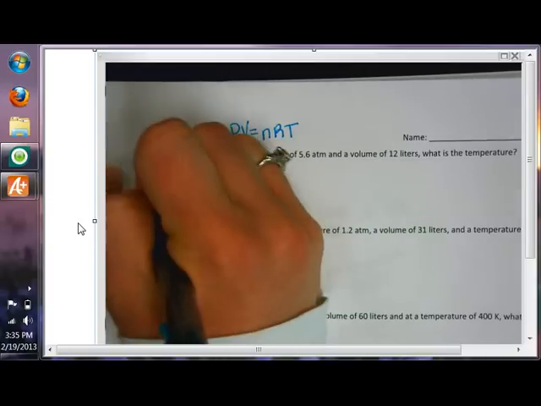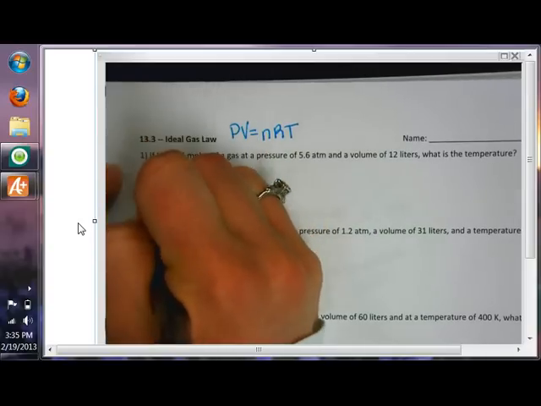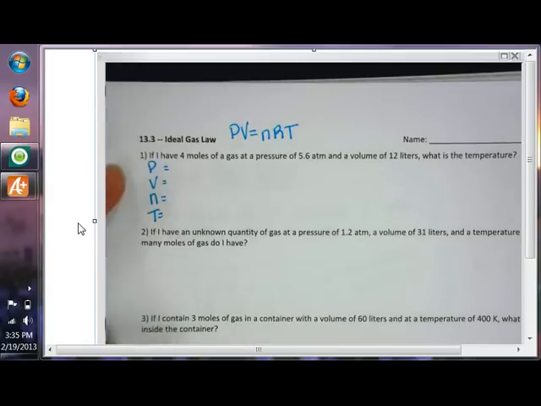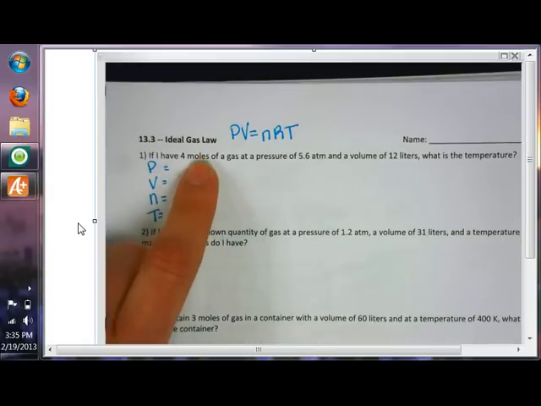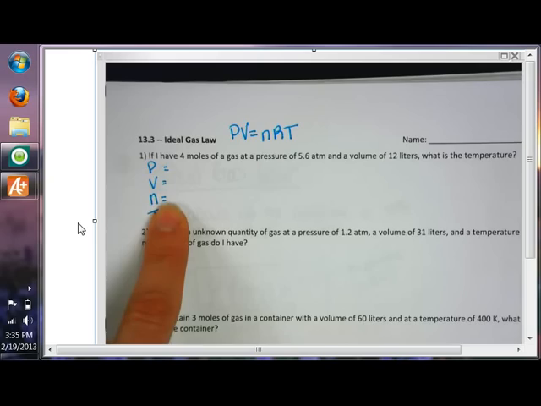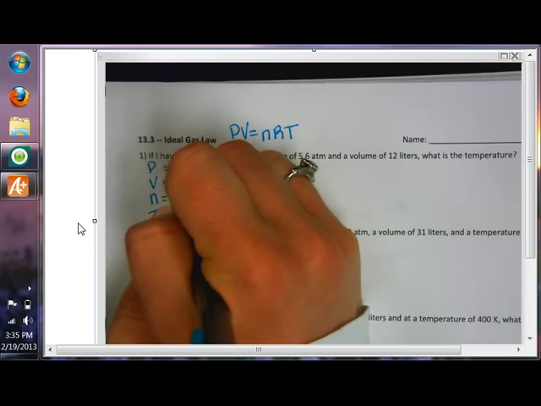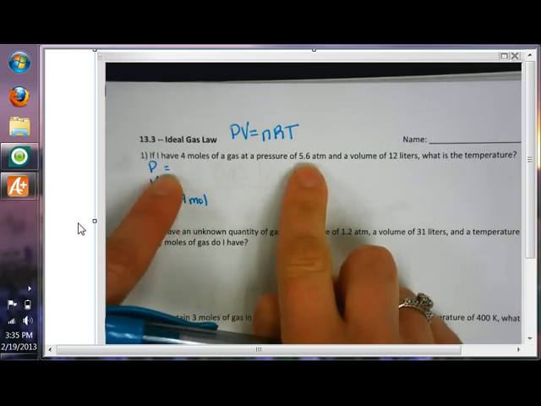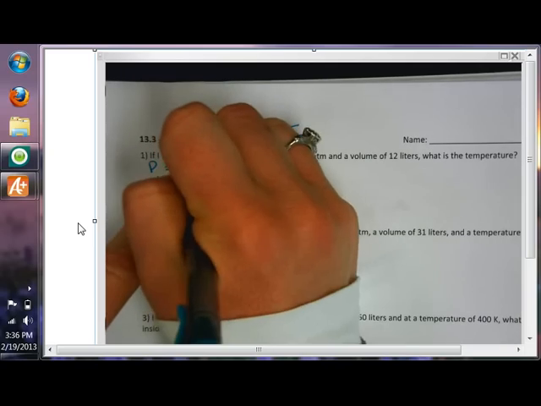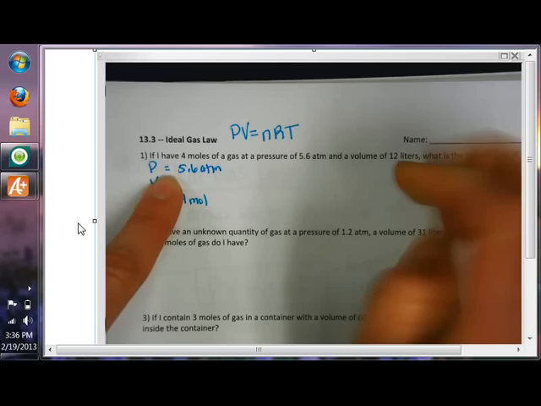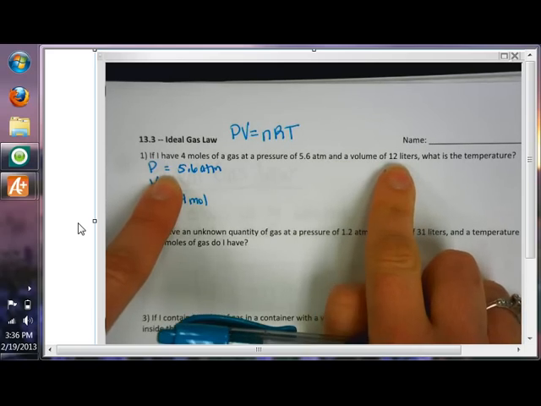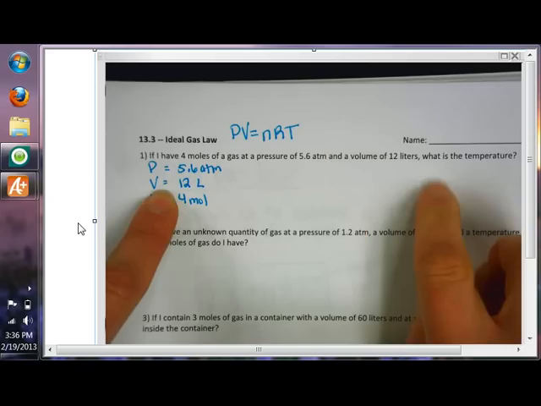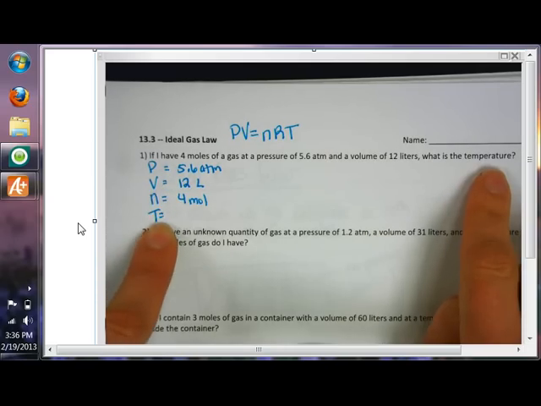And I'm going to write P, V, n, and T. If I have 4 moles of a gas, that's n, the number of moles, at a pressure of 5.6 atm and a volume of 12 liters. So volume is 12 liters. What is the temperature? So they want us to find T.